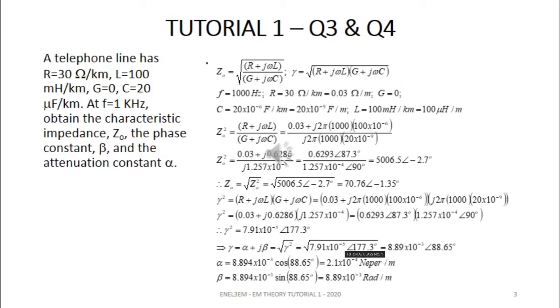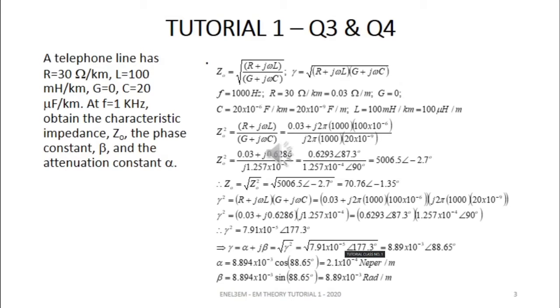Now, Z0 squared is equal to R plus j omega L over G plus j omega C. Now, when we insert the values of R, L, G, and C with omega given by 2 pi f, we have the expression there for Z0 squared. And therefore, when we calculate that, we find that our Z0 squared is equal to 5006.5, and the angle is minus 2.7 degrees.